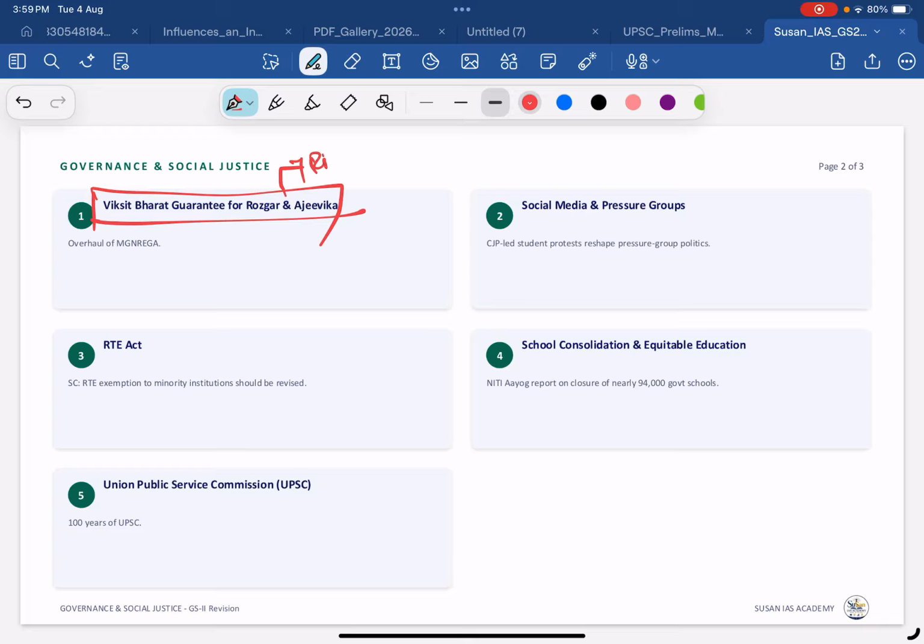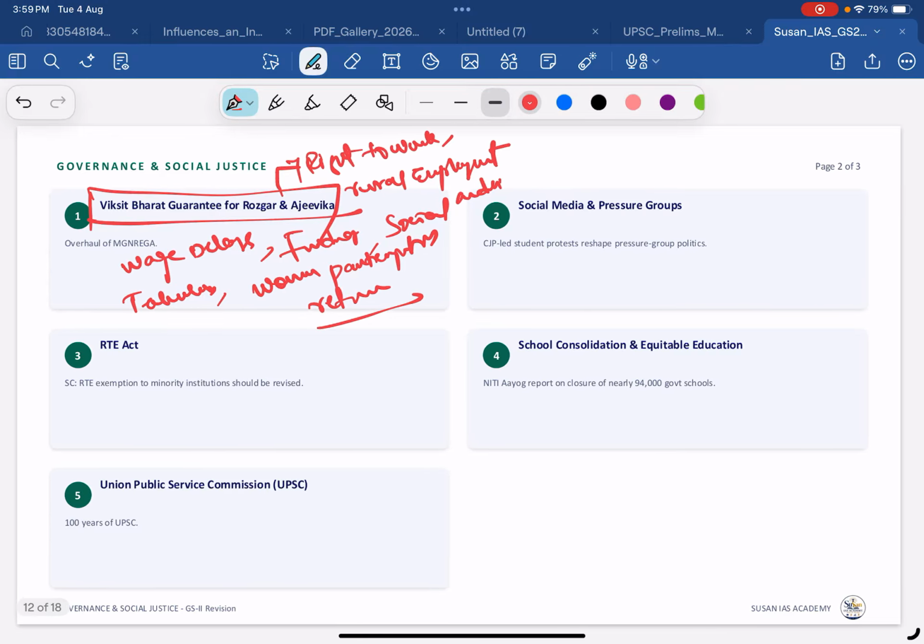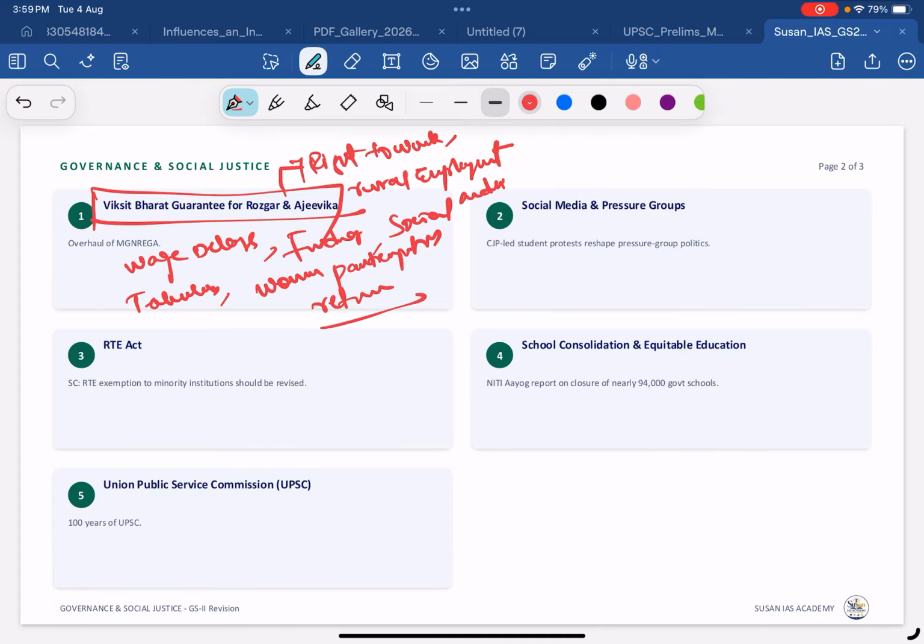So the themes to cover are rural employment, wage delays, funding, social audits, technology, women participation, and reforms. These dimensions you should cover in this scheme. If you can cover these dimensions, you will score well, right?